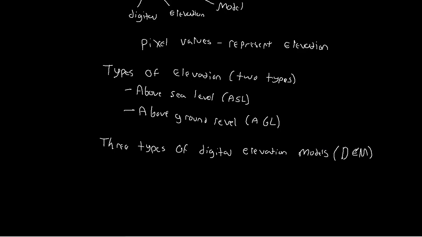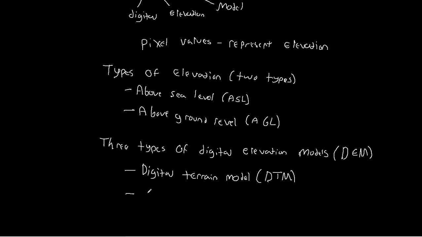And there are actually three types of this. The first is going to be called a digital terrain model, or a DTM.